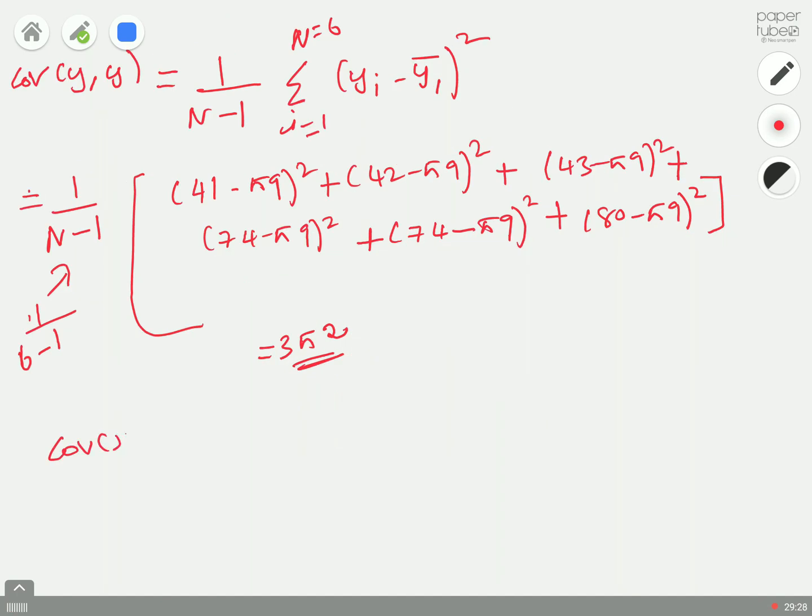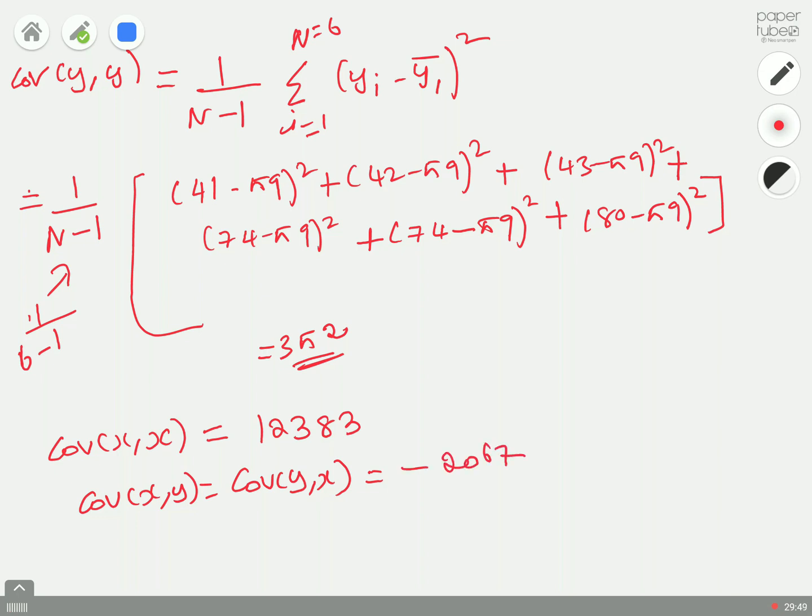So you have covariance of x comma x. What's the value for that? 12383. It's a big number. Covariance of x comma y is equal to covariance of y comma x, it's a negative value, minus 2067. Covariance of y comma y is a small number in terms of magnitude.